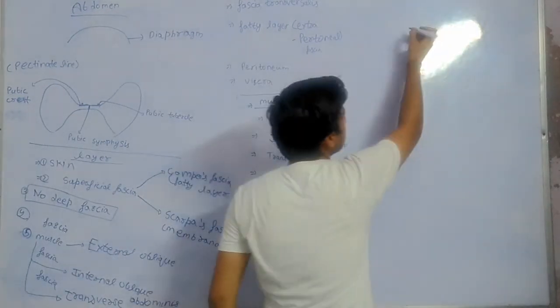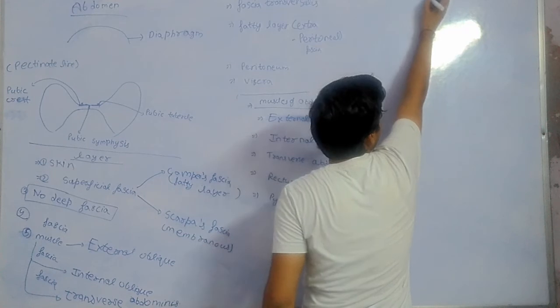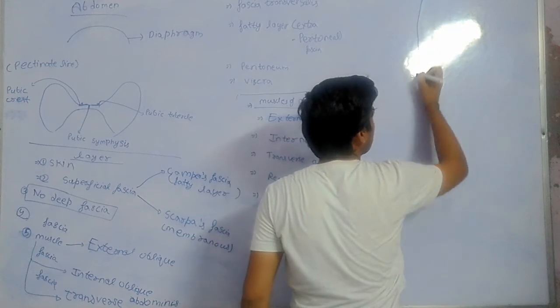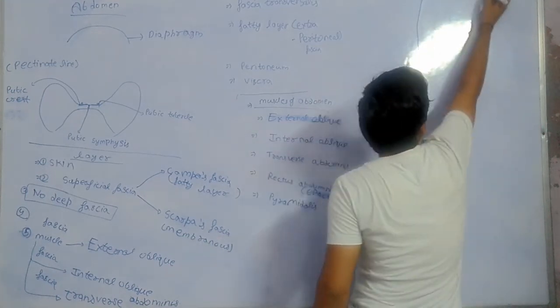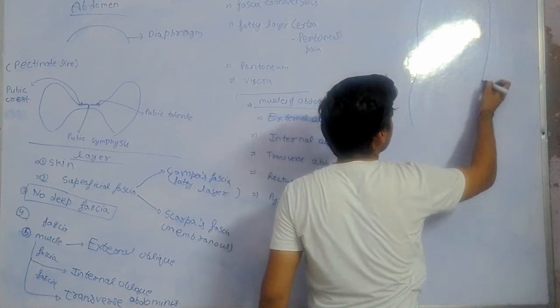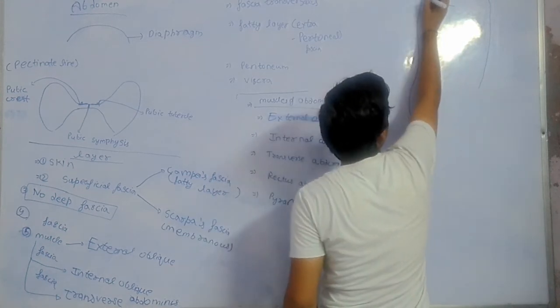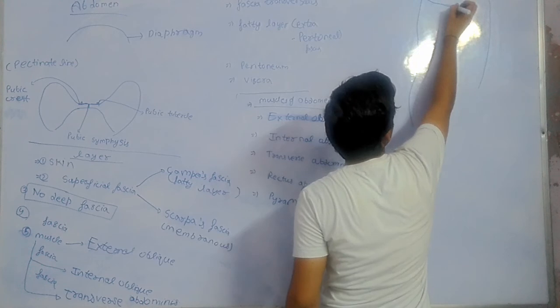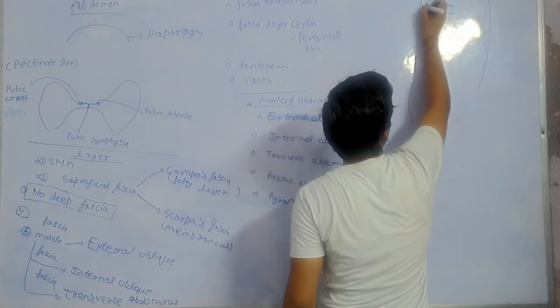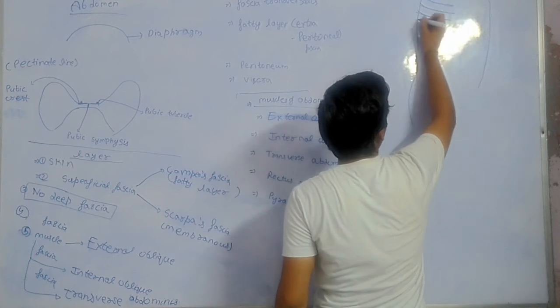So first we know this is sagittal section. We know here are lower 6 ribs. These are lower 6 ribs on lateral side.